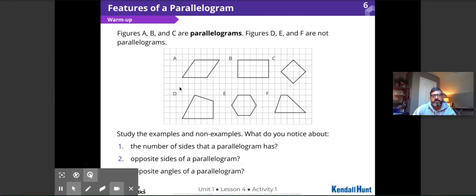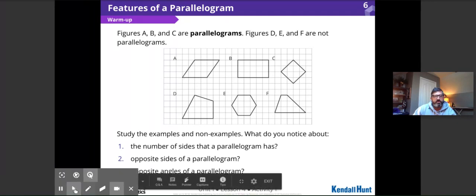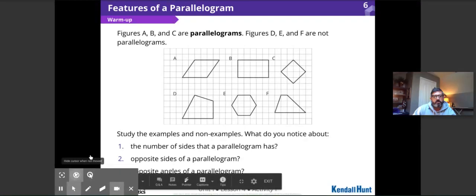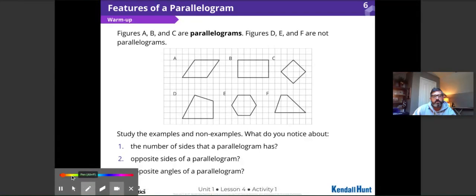So the angles, the opposite angles too. You know what the angles of a parallelogram are? Do you know what angles are? The angles are right here. Kind of like the corners, like in your kitchen or your den or your bathroom.